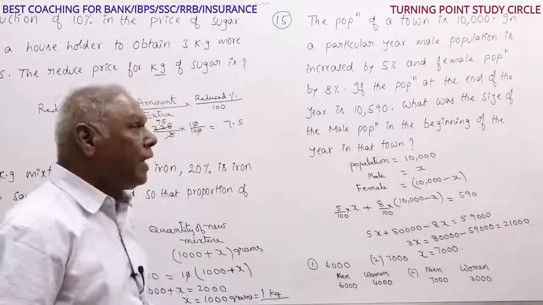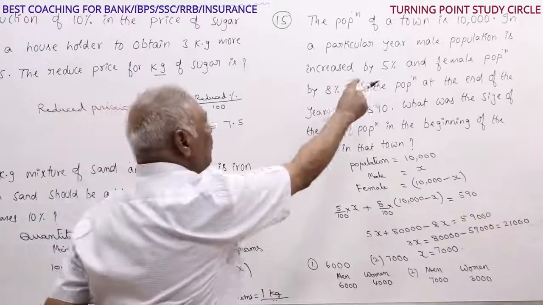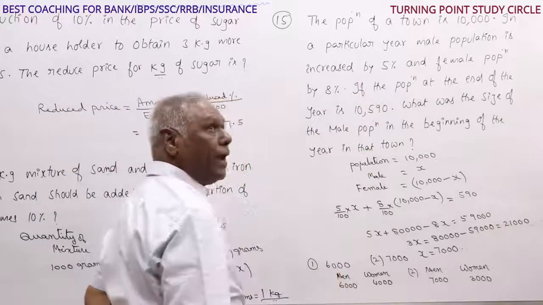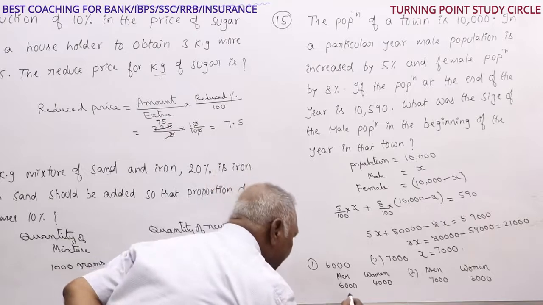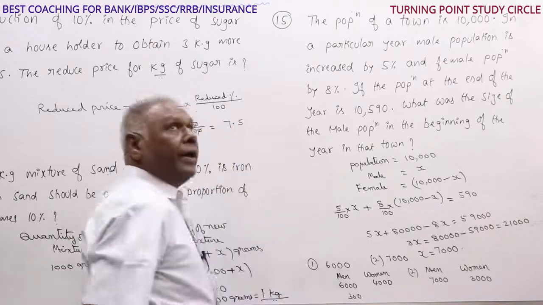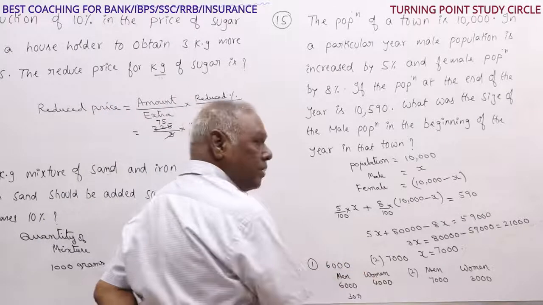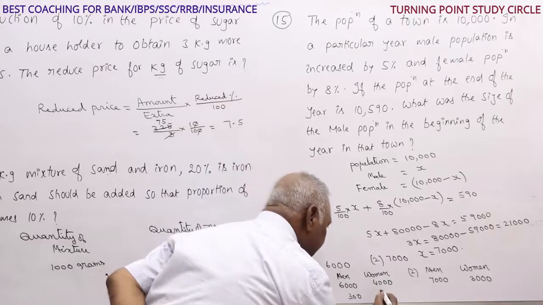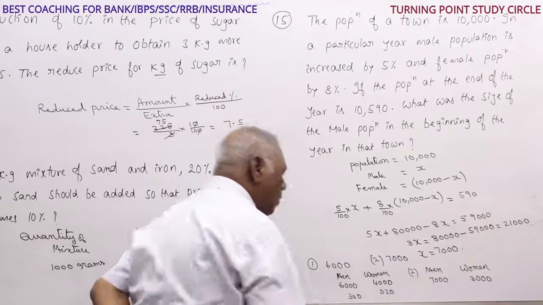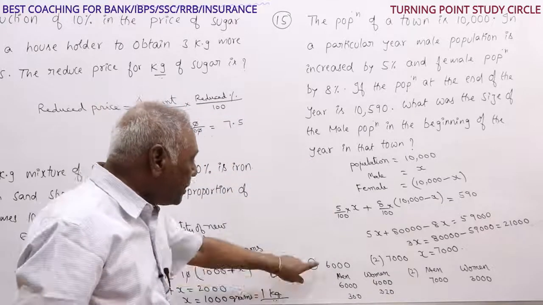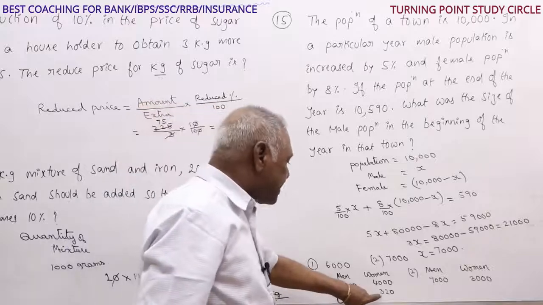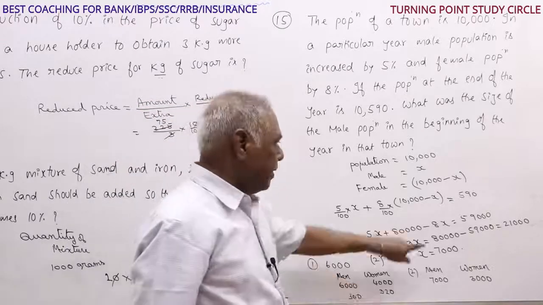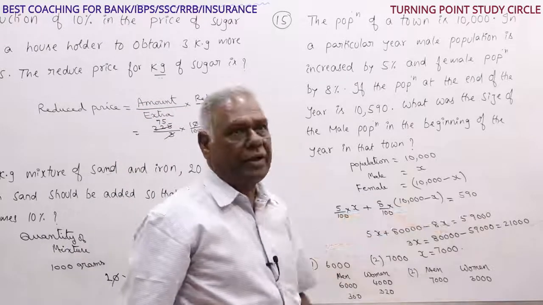Take the percentage given. So 5% increase in male is equal to 300 increase. 8% increase in women is equal to 320. So overall increase according to the first option is 300 plus 320, 620. But overall increase is equal to 590.